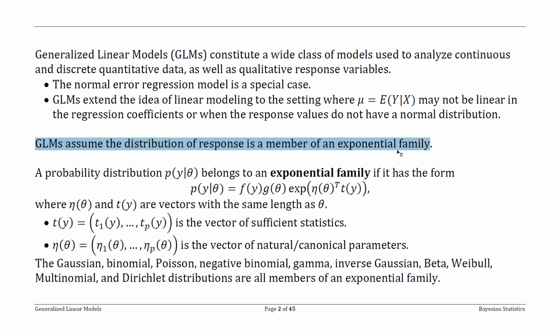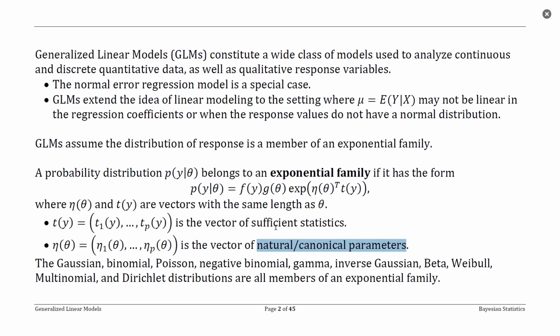So the exponential family is a wide class of distributions, and simply it means that you can take the density function or the probability mass function of your data distribution and factor it out in this way right here, where f of y is some function of the data, g of theta is some function of your model parameters, and then there's a linear combination or cross product of some transformations of your parameters theta, so the function is eta of theta, multiplied by some functions of our data t of y. So eta of theta is a vector of natural or canonical parameters.